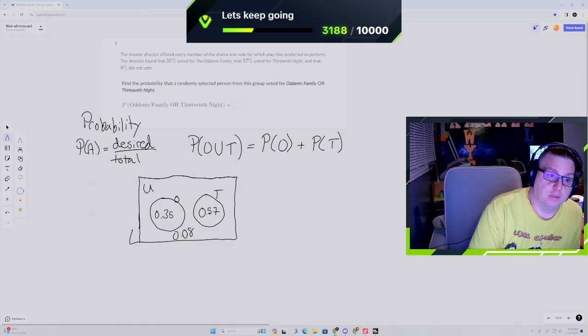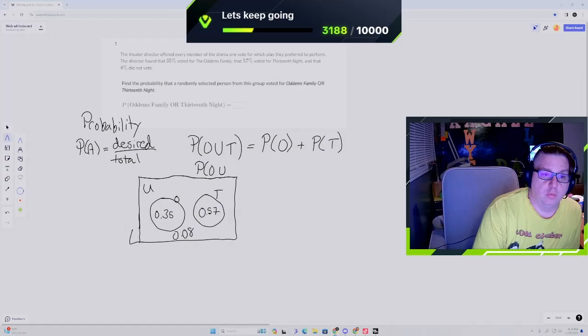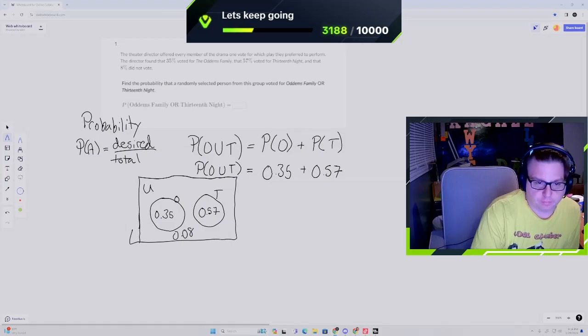So when we do this, we can say this is our probability formula for mutually exclusive things. So the probability of O union T is we're going to take 0.35 plus 0.57, and we're going to put those together.